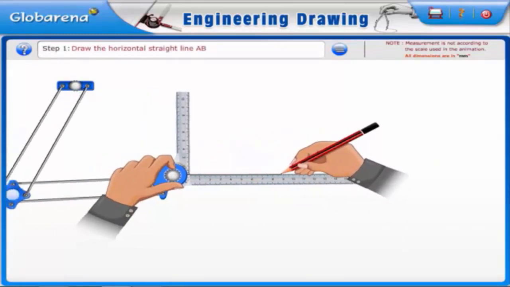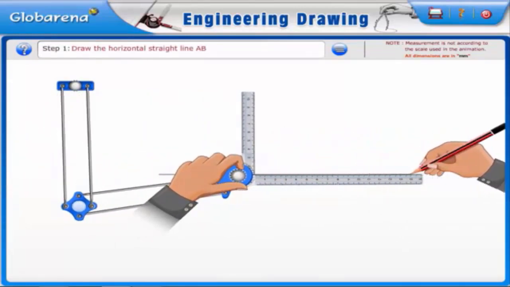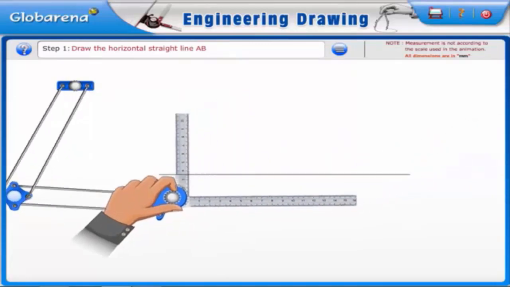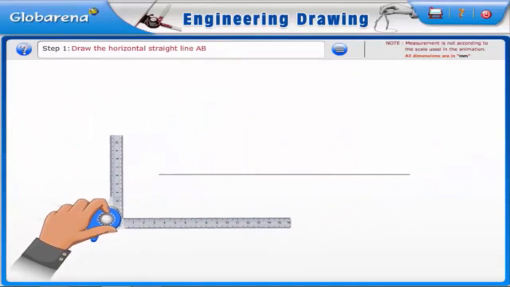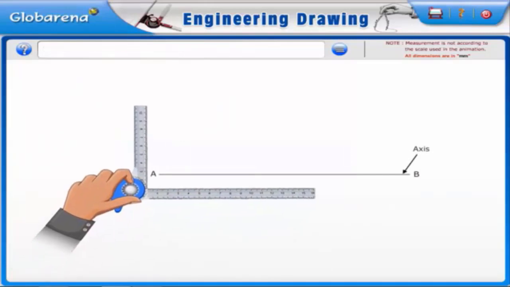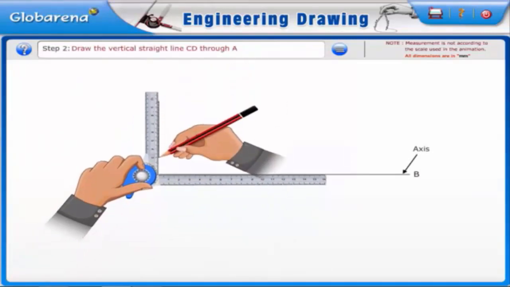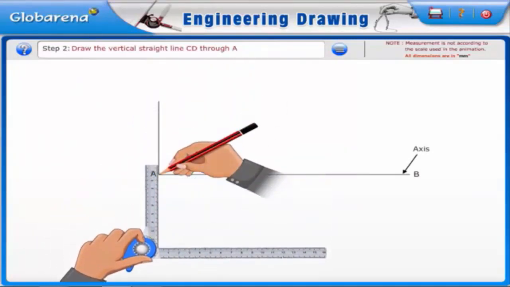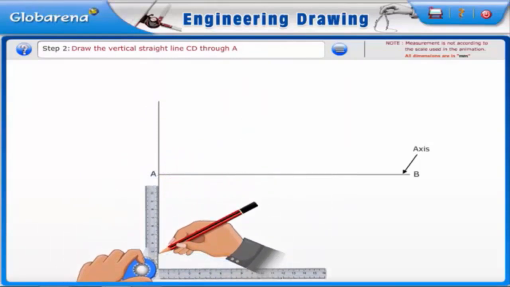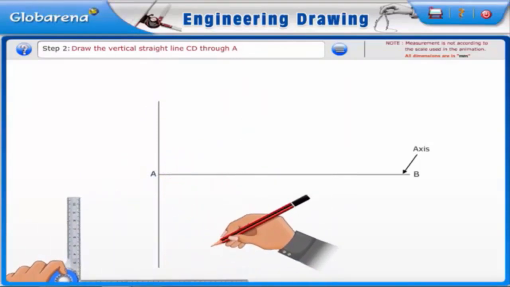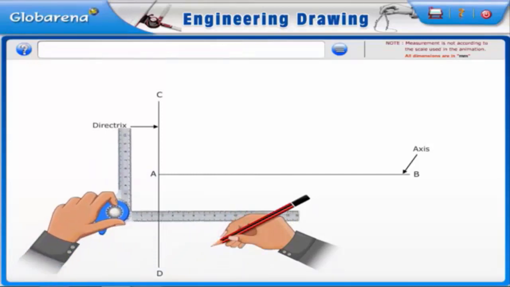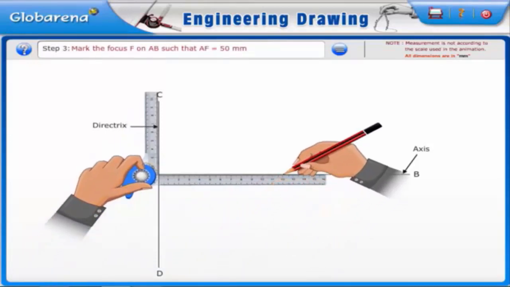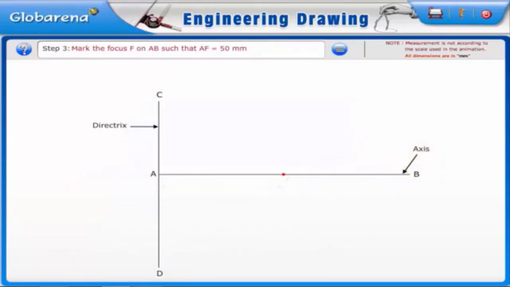Draw a horizontal straight line AB, which represents the axis of the parabola. Draw the vertical straight line CD through A, which represents the directrix of the parabola. Mark the focus F on AB such that AF is equal to 50 millimeters.